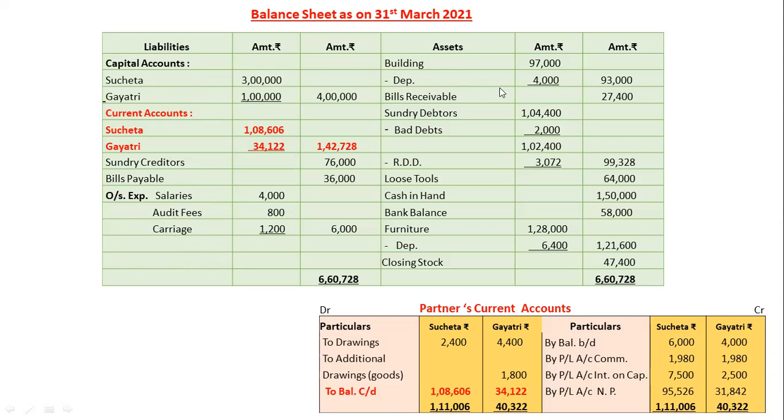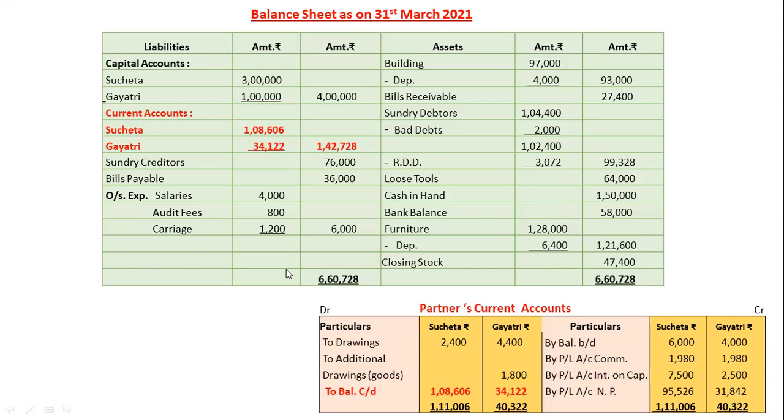Building, less depreciation, bills receivable, debtors. First you have to deduct the amount of bad debts, then calculate RDD and deduct the RDD amount. You will get final balance of debtors. Loose tools, cash in hand, bank balance, furniture, less depreciation, and then closing stock.